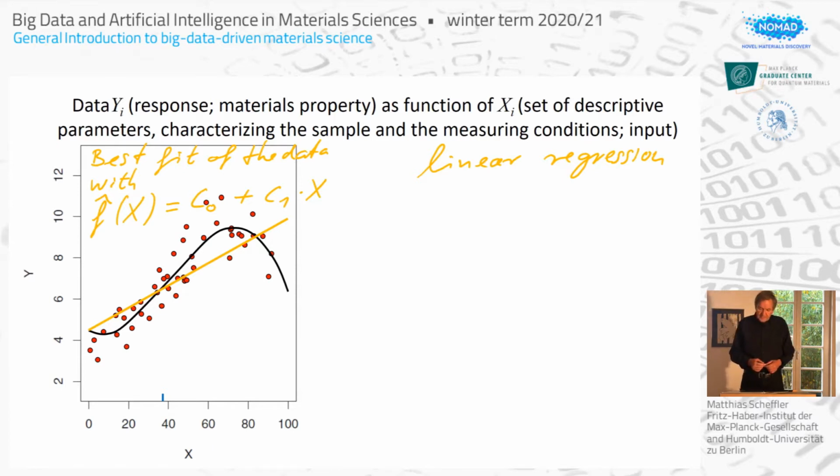A linear equation doesn't look very interesting, very scientifically sound, but in fact it's much better than one first may think. The advantage of a linear fit is that it is often interpretable, because you only have two parameters. You could really try to find out what is behind these parameters.